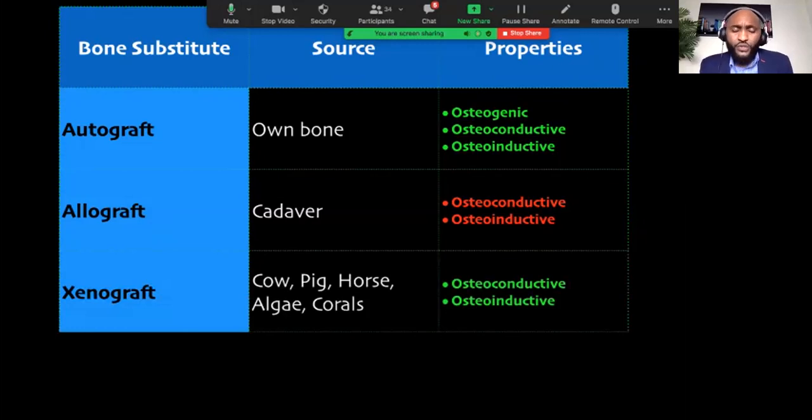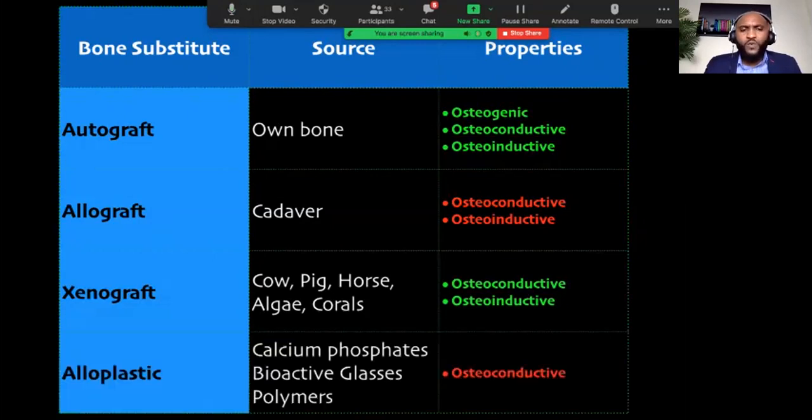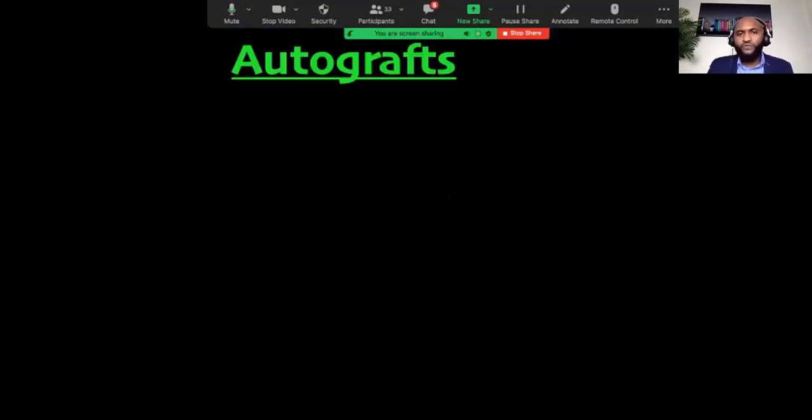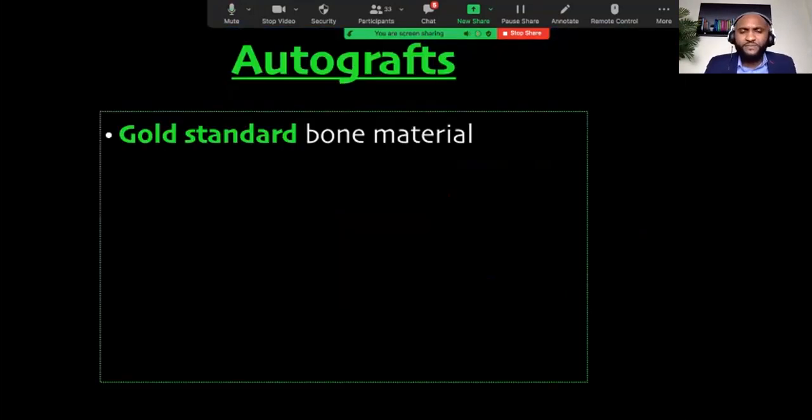Now, we can also have bone substitute materials from non-humans, animals, for instance, cows, pigs, and that bone is osteoconductive and osteoinductive. We also have synthetic bone that is only osteoconductive. They are mainly calcium phosphates. And we shall look at each of them. So let's look at autografts. Well, it is looked at as the gold standard.